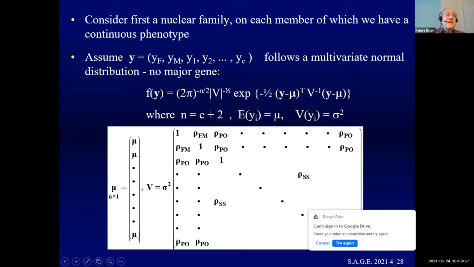Here's the variance covariance matrix. And typically we're going to allow for a father-mother or spouse correlation, a parent-offspring correlation, and a sib-sib correlation, and variances all down the diagonal. So these are the correlations we're going to allow for in this. At this point, though, there's only one mean.